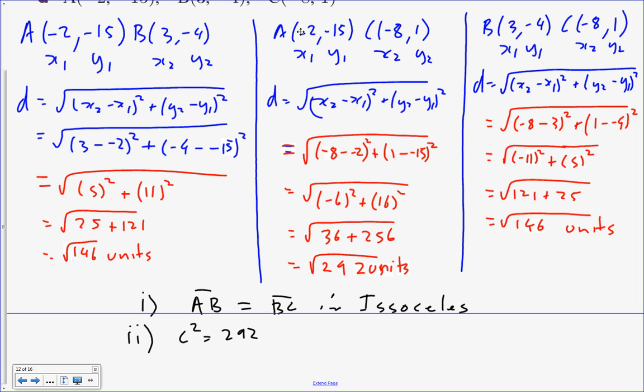And so therefore A squared plus B squared is going to be 146 plus 146. And we add those together. 6 and 6 is 12, 4 and 4 is 8 plus 1 is 9, 1 plus 1 is 292. Therefore, right angle.